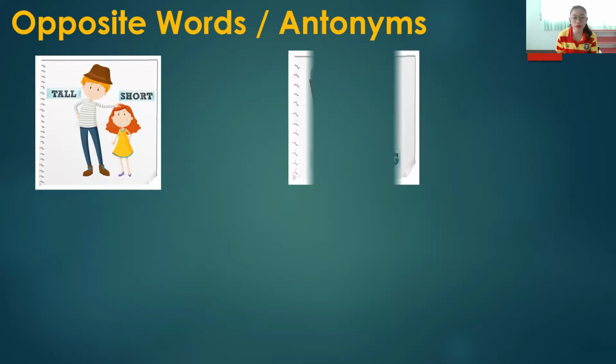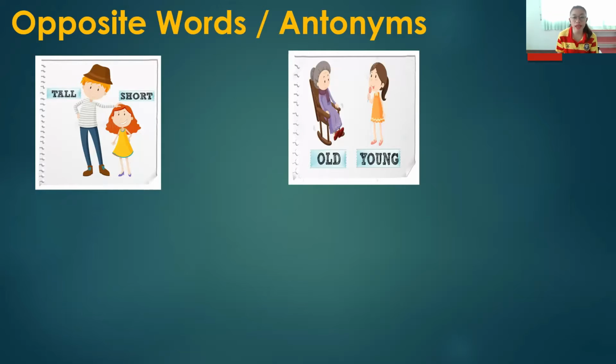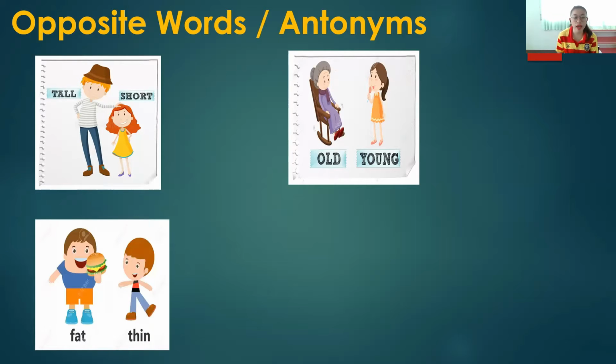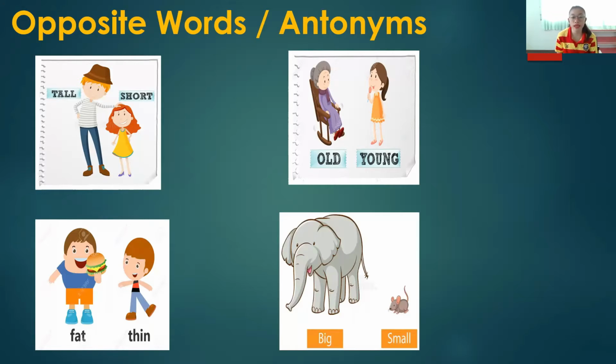Next example, we have old and young. And we also have fat and thin. And the last example, we have big and small. So these are the topics that we have learned from last meeting.